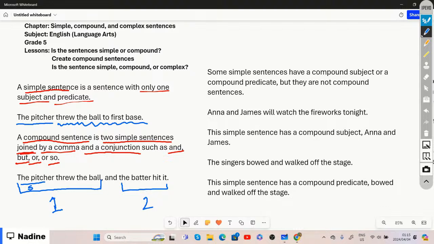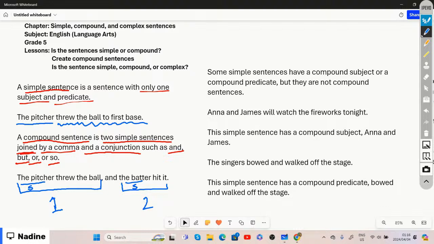In our second sentence, the batter hit it, the subject that tells us who or what did the action is the batter. But now we also have a predicate, and a predicate is a part of a sentence that shows the action, or we can say it's the phrase that shows the action, an action phrase or verb phrase.